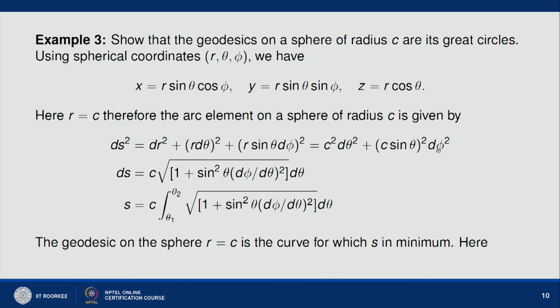So this is the arc element on the sphere of radius c, and you can simplify and form the functional which gives the arc length between two given points a and b. So s is given as c integral from theta 1 to theta 2 of root of 1 plus sin square theta (d phi by d theta) whole square d theta. The geodesics on the sphere r equal to c is the curve for which this functional s is minimum.